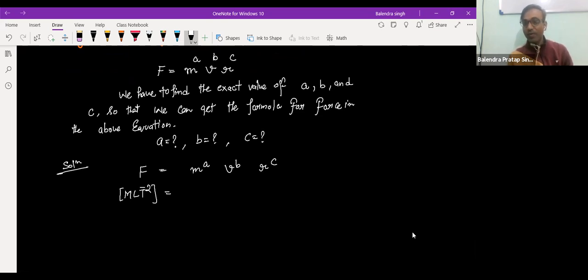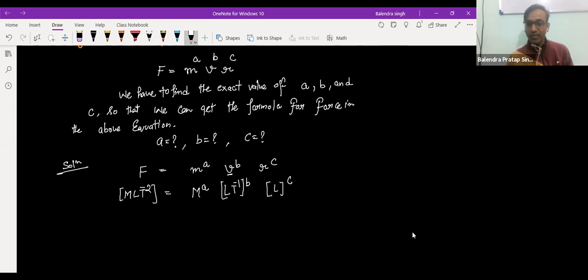All the dimensional problems will be solved by remembering this formula of F. So this is M L T minus 2, and here M is again mass, so capital M raised to the power A, and V is velocity, so the dimensional formula for velocity is L T minus 1, the whole raised to the power B, and R is a distance, so it's L raised to the power C. Is it clear?